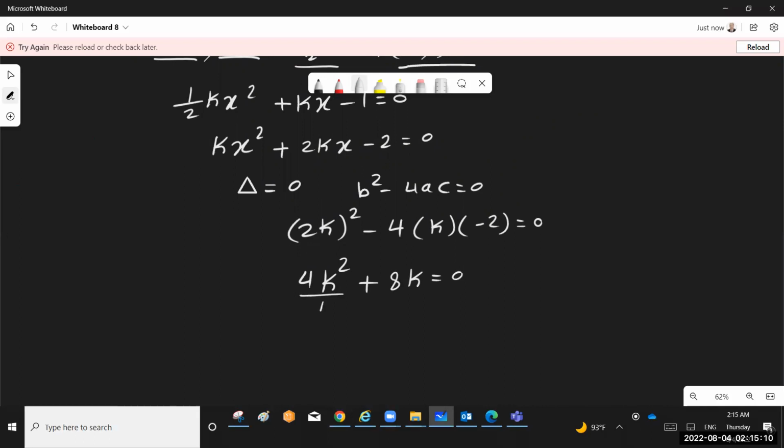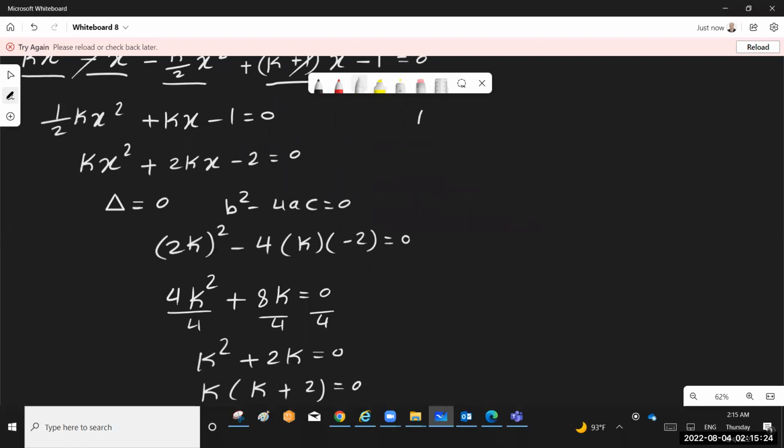So divide the whole thing by 4. So you have k squared plus 2k is equal to 0. By taking k as a common factor, k times k plus 2 is equal to 0. Now I have two solutions. Maybe k is 0, and this is rejected because k is non-zero.